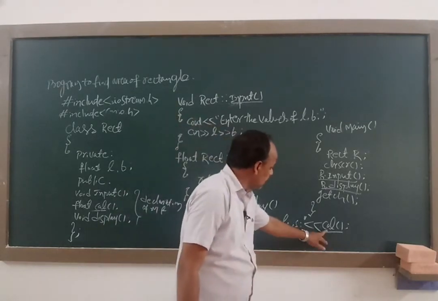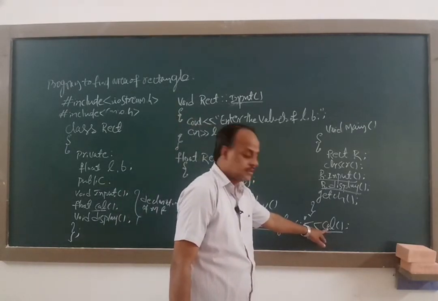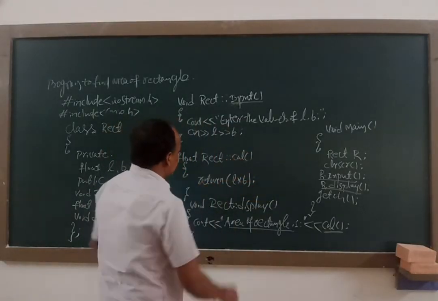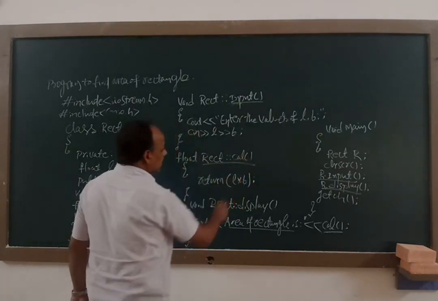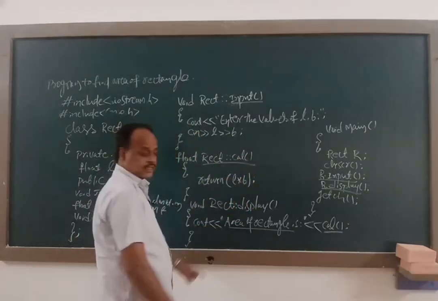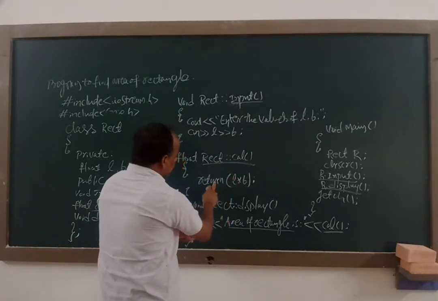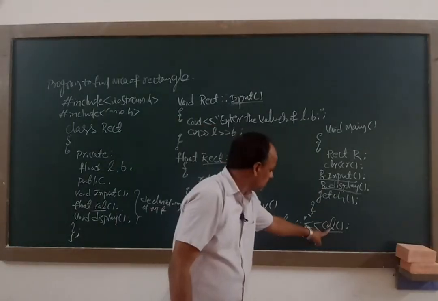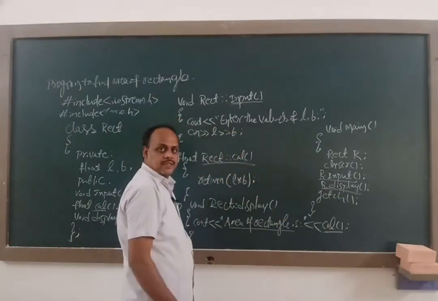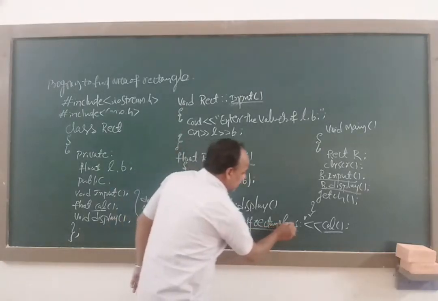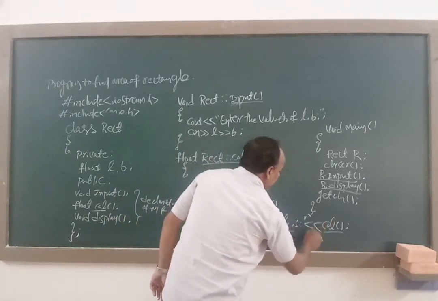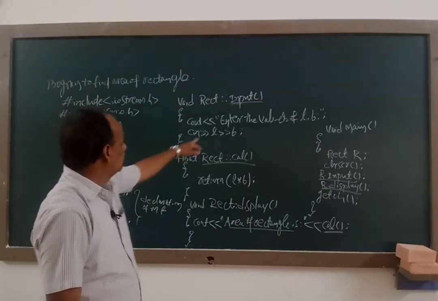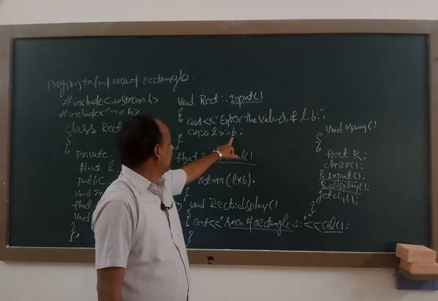And when the cursor comes here, it calls the cal function. So what happens in the cal function, the calculated function? One value is returned, that is, L into B is performed, and this value is returned to where it was called. So it comes here. What answer are we getting? We are getting area of rectangle is some value printed. That value depends on the entered values.